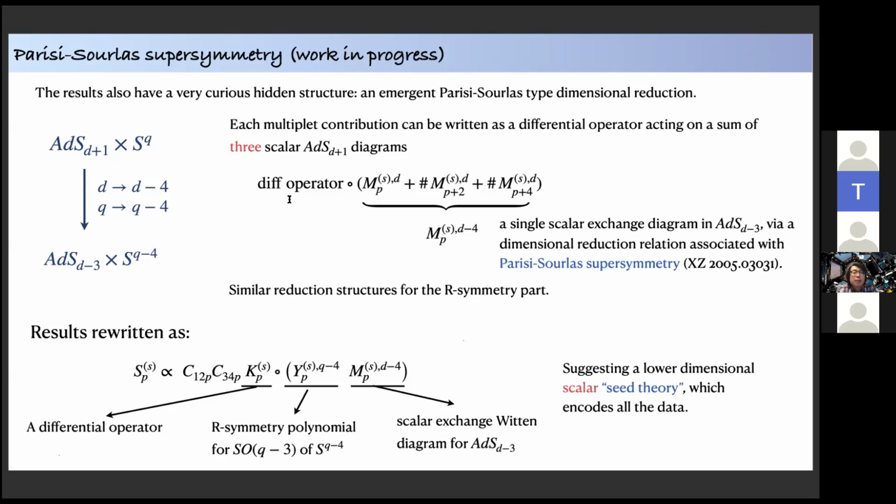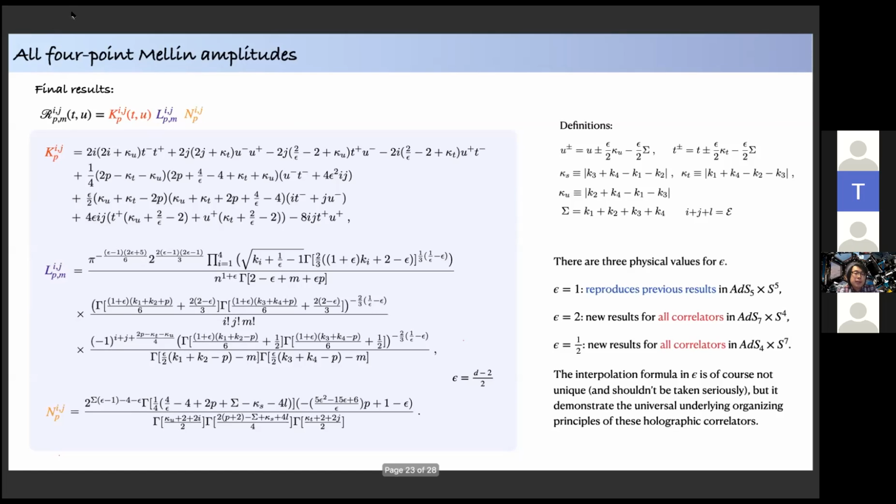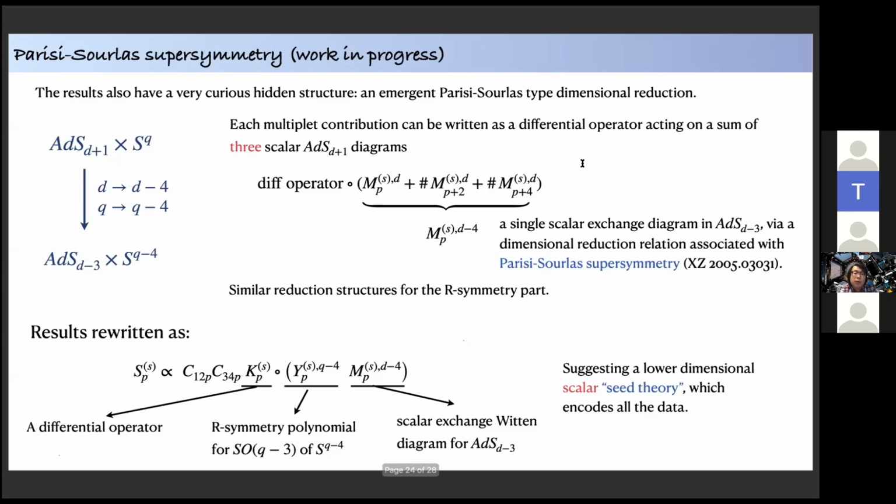Now let me mention something that's a work in progress. On the previous slide, we saw the explicit answer for all the correlators, but it's still quite complicated. If you look a bit closer, we find that there is a very curious hidden structure. It seems that there is an emergent dimensional reduction of the Parisi-Sourlas type.